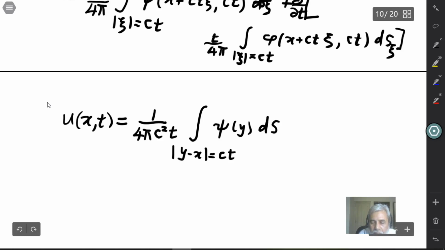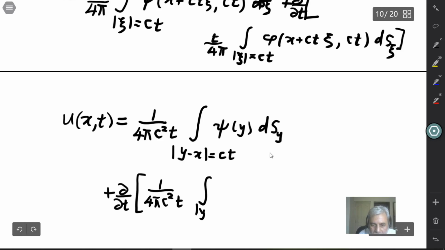This is the surface measure on this surface, y being that variable, plus d by dt of 1 by 4 pi c squared t, surface integral over mod y minus x equal to ct, phi of y dS.